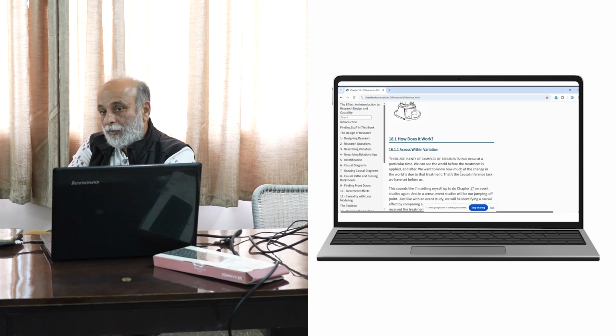We need to have another group with which we compare it. So basically the problem with saying that lower maternal mortality in Nandurbar post building the hospital is a result of the hospital is that maternal mortality is declining across the country. Right? Okay?